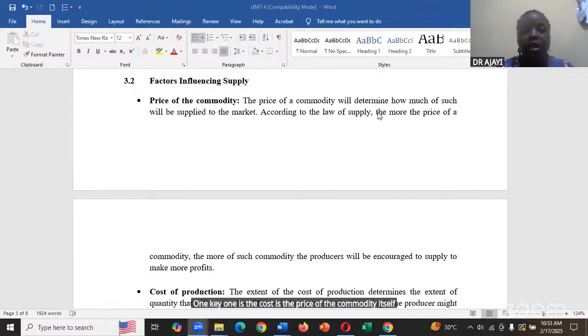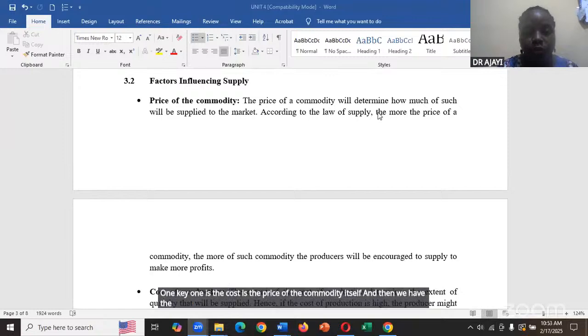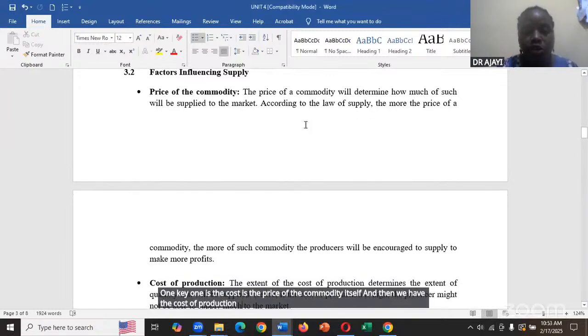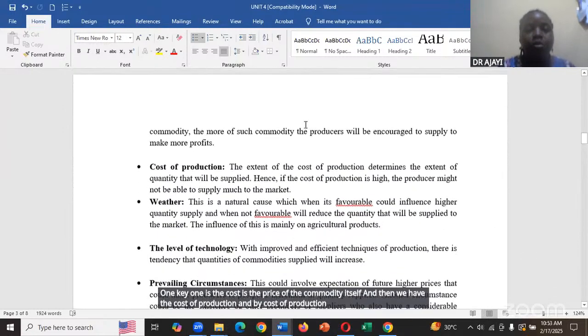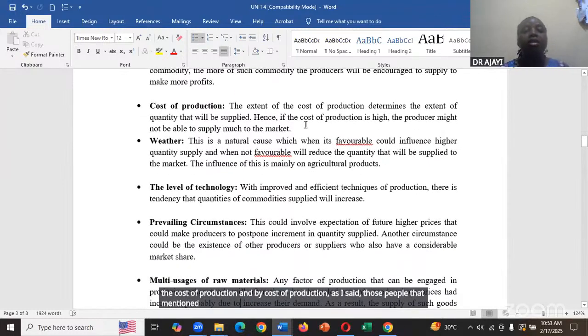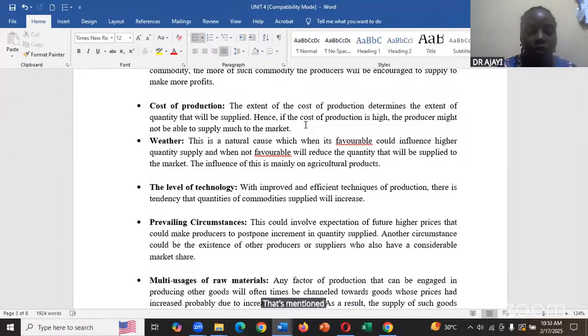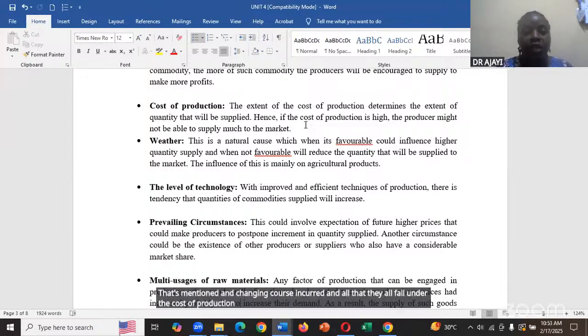And then we have the cost of production. As I said, those people that mentioned raw materials, that mentioned the changing costs incurred and all that, they all fall under the cost of production. The person that mentioned weather conditions, somebody that mentioned climate is still very key.